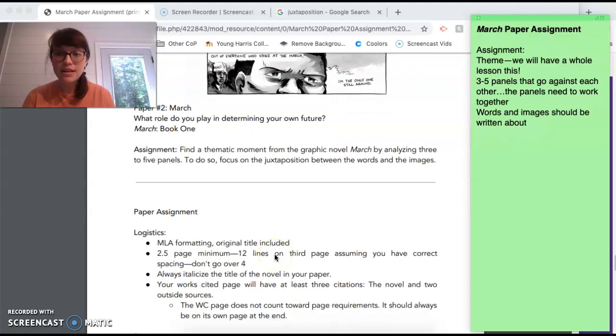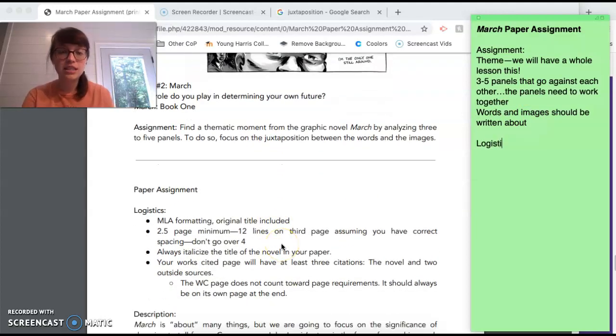All right, so paper assignment logistics: MLA always. 2.5 pages, no more than 4. And just as a side note, always italicize the title of the novel in your paper. Works cited page: 3 citations, the book and 2 outside sources.